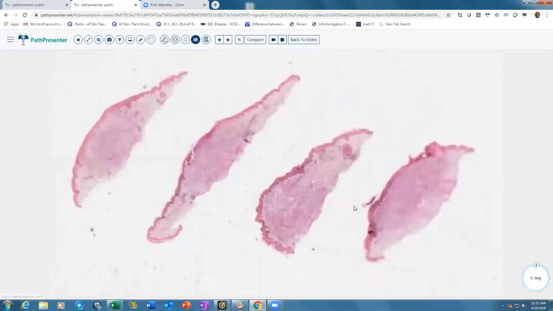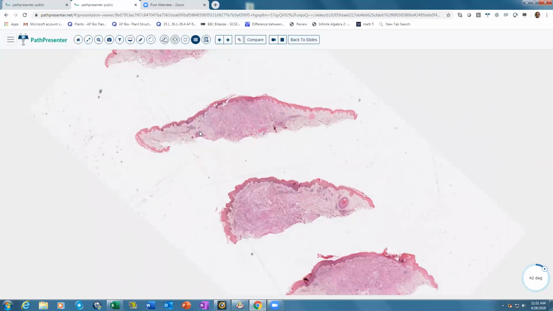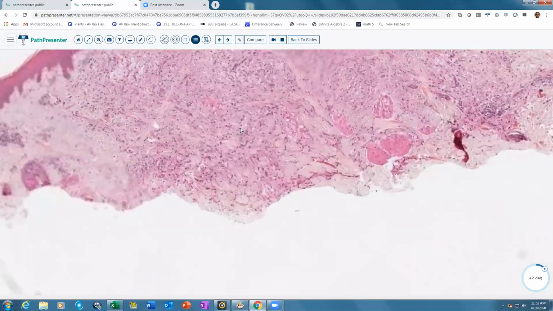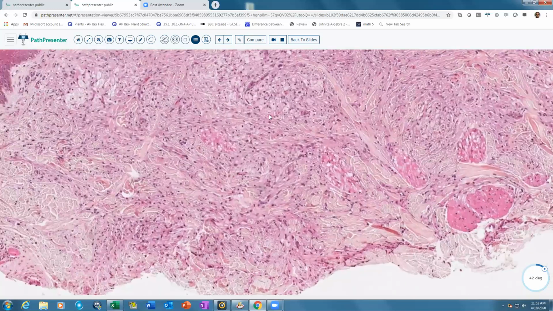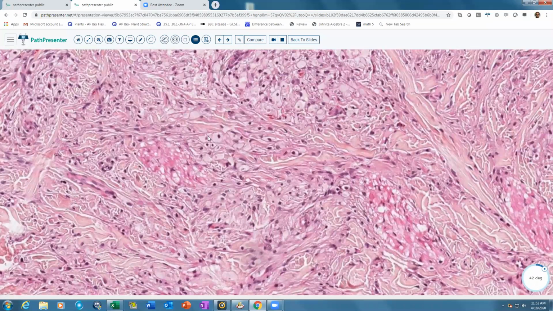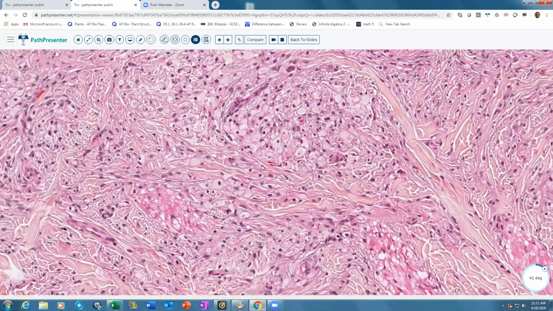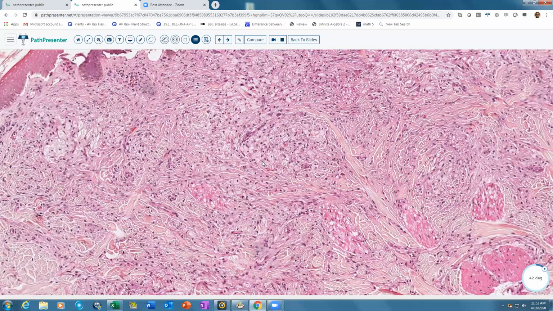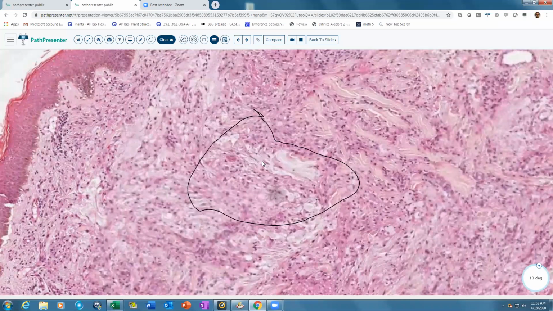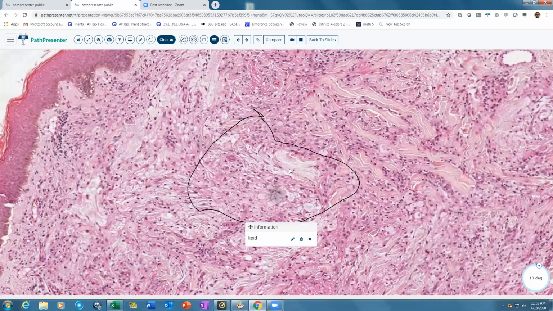So eruptive xanthomas contain again a lot of xanthomatous cells, which might depend on the stage at which the biopsy is done. So you can see the xanthomatous cells, but these are usually not only xanthomatous cells. There are associated other cells like lymphocytes, plasma cells, eosinophils. But characteristically, eruptive xanthomas tend to show this lace-like lipid material that is extracellular.